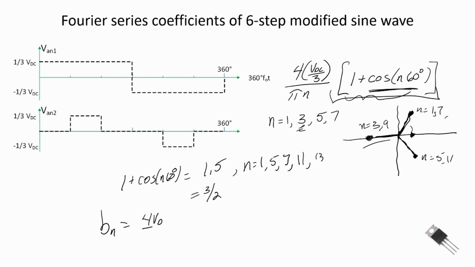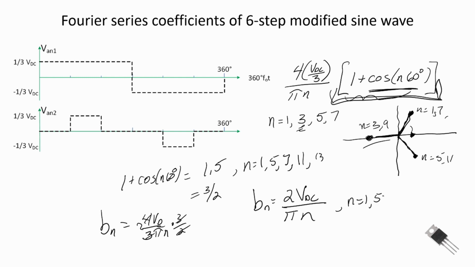4 VDC divided by 3, I'll write it this way, n, times 3/2, because this term will either be 1/2 or 0, and the 3's cancel out, the 2's divide through by 2, and so we see that Bn is equal to 2 VDC divided by pi n, for n equal to 1, 5, 7, 11, 13, 17, and so forth.